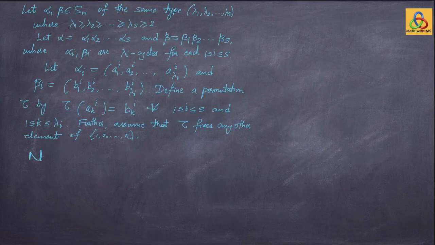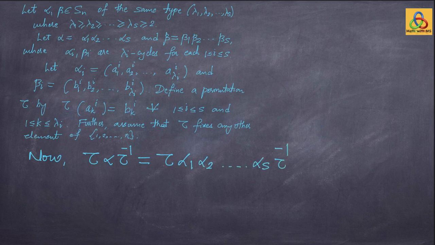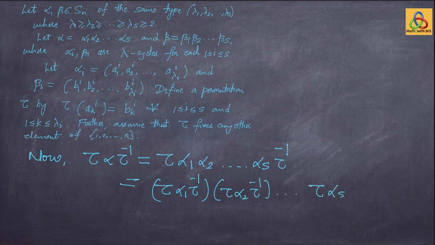Now what is tau alpha tau inverse? This by definition is the same as tau of alpha 1, alpha 2 and so on alpha s, times tau inverse, and I can rewrite this as tau alpha 1 tau inverse, tau alpha 2 tau inverse, and so on tau alpha s tau inverse.